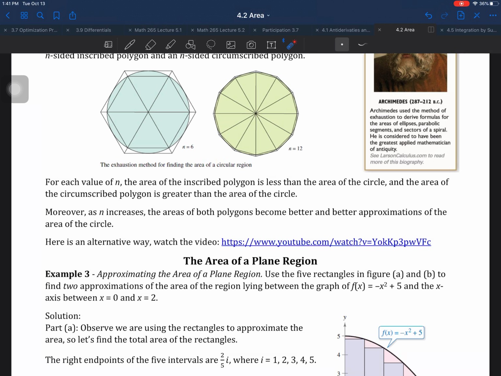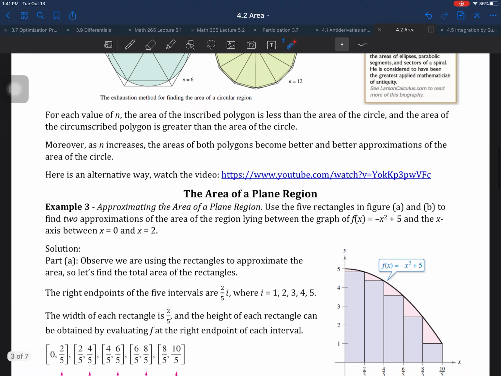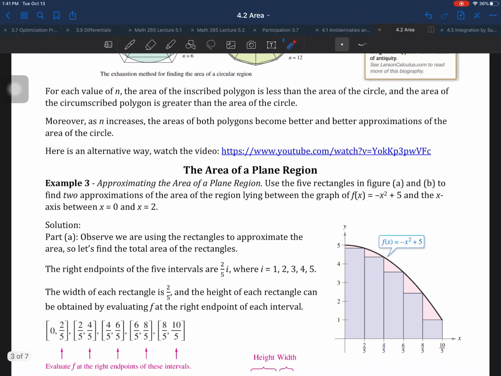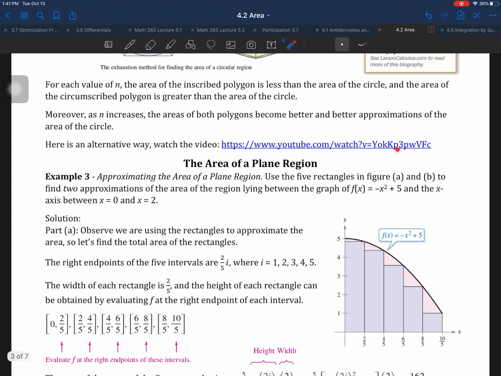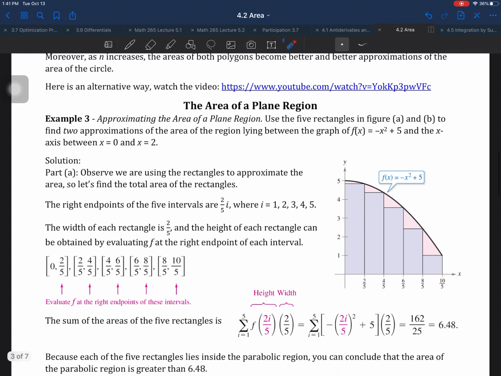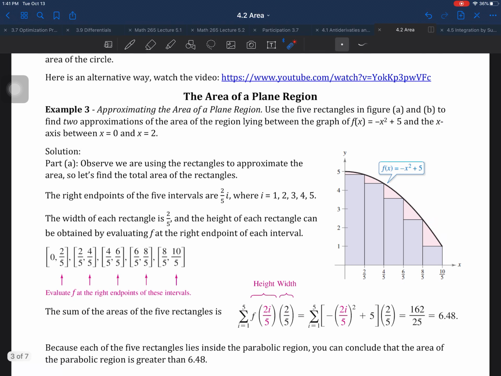But in the process, he was able to compute this and manipulate it so that you don't actually add 12 triangles, but you're manipulating the algebra and simplifying the process with some algebra techniques. It wasn't as sophisticated as now, but that was the concept. Here's a nice video for you guys to see, if you want, that talks about the exhaustion process.